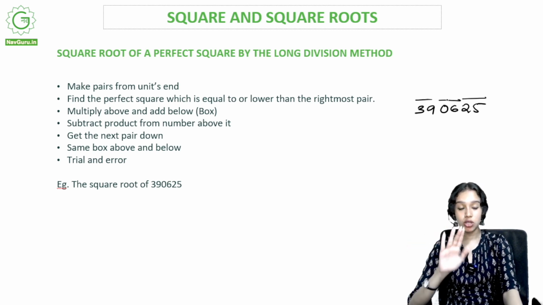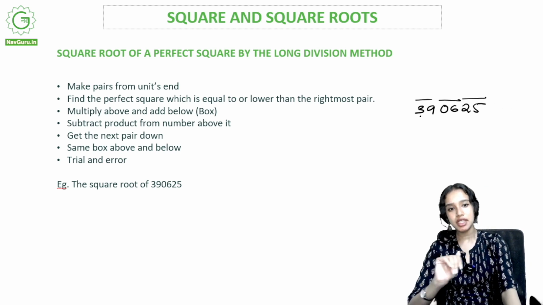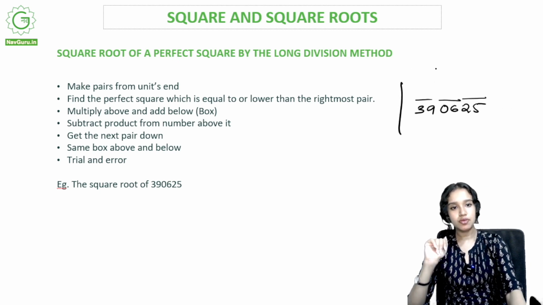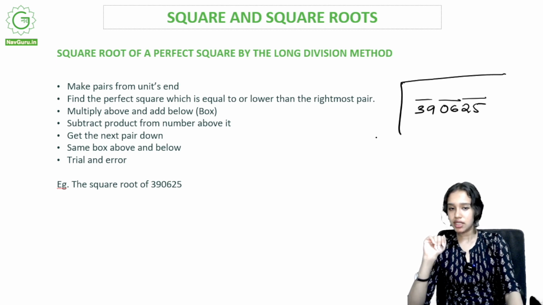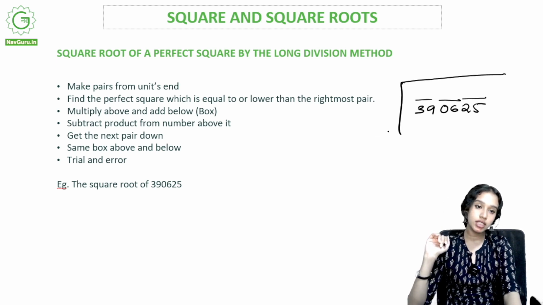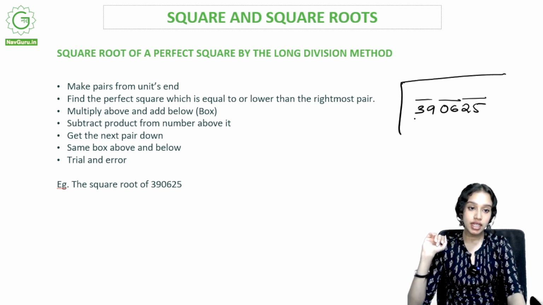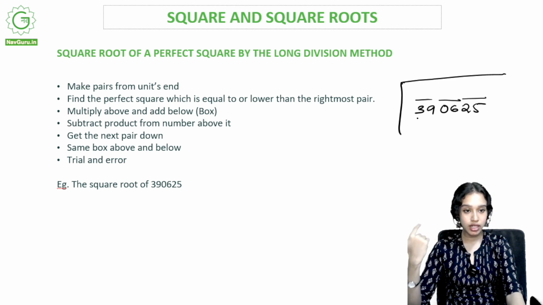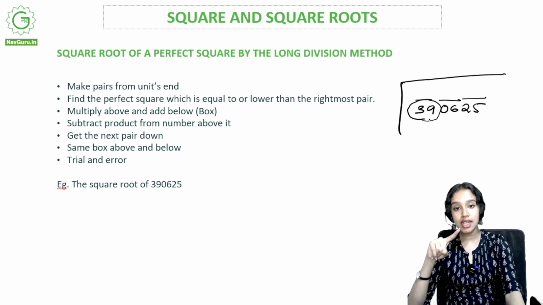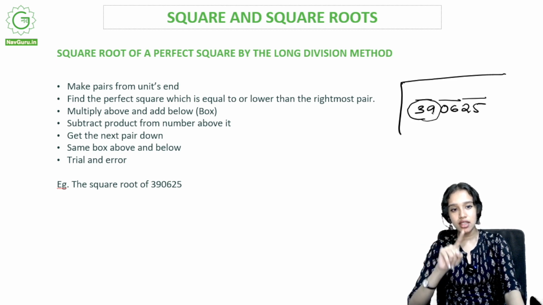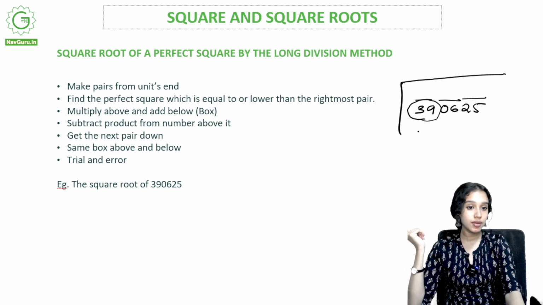And we put a bar on top of them to just know that it's a pair. Now, we are doing a division as mentioned in the long division. So first of all, we're checking a square of a number which is equal to or just lesser than the number or the pair which is in the leftmost corner, which is 39.